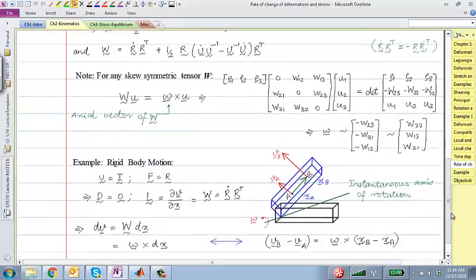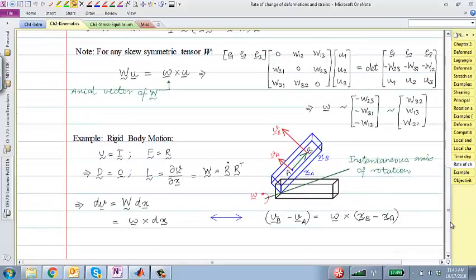For a little bit more of this physical interpretation, I'll do that with a rigid body rotation example. But before I do that, I'll introduce something else called an axial vector of a skew symmetric tensor. So if you have any skew symmetric tensor, W, it will have zeros on the diagonals, and the off-diagonal components of that tensor will be negative of each other.